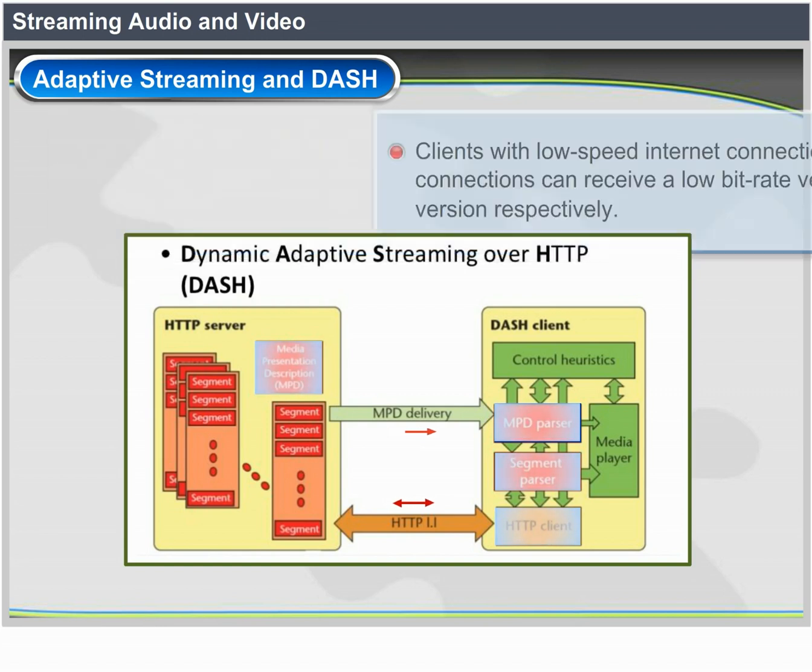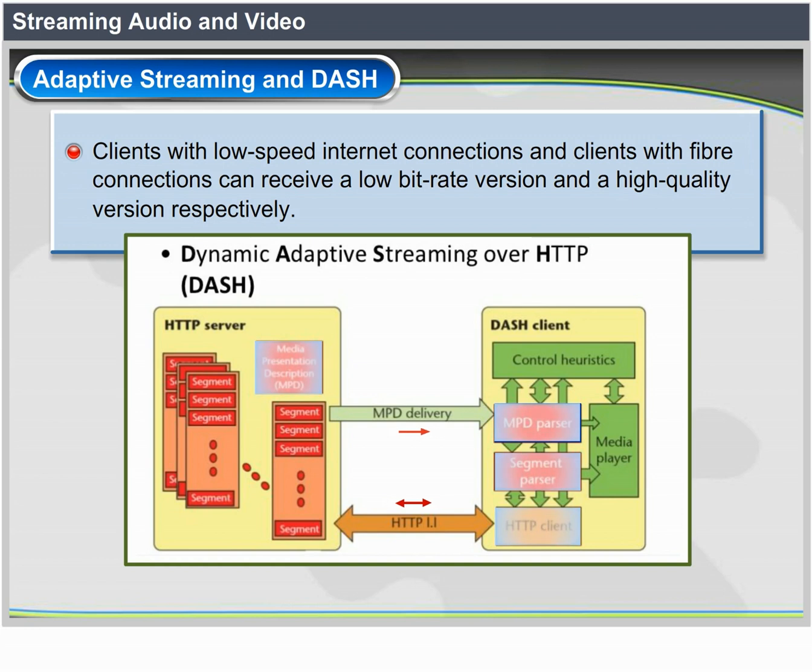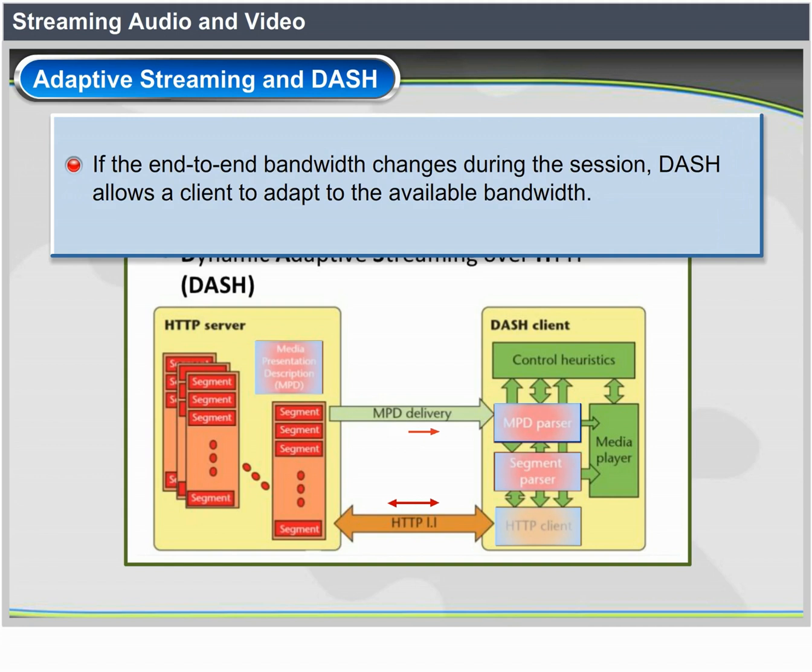Clients with low-speed internet connections can receive a low bitrate version, and clients with fiber connections can receive a high-quality version. DASH allows the client to adapt to the available bandwidth if the end-to-end bandwidth changes during the session.